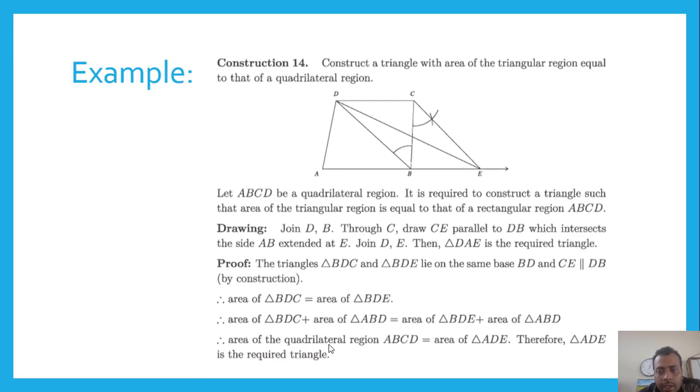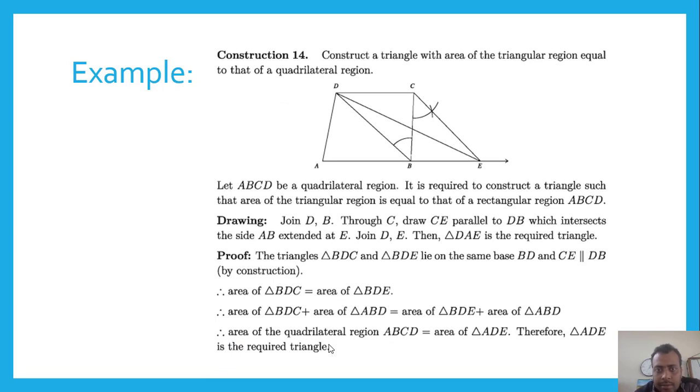Example, here is a construction. This is a construction you will get in class 9 or class 10. In this construction, there is a proposition here. Construct a triangle with area of a triangular region equal to that of a quadrilateral region. That is, we are given a problem, and also we are given some condition.